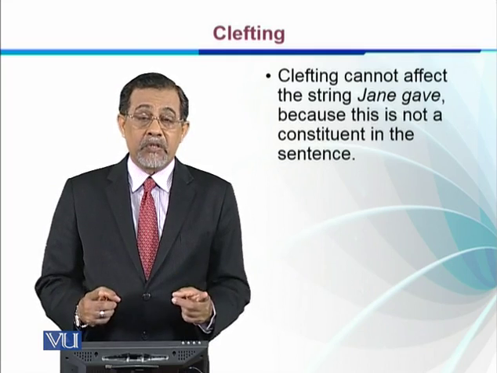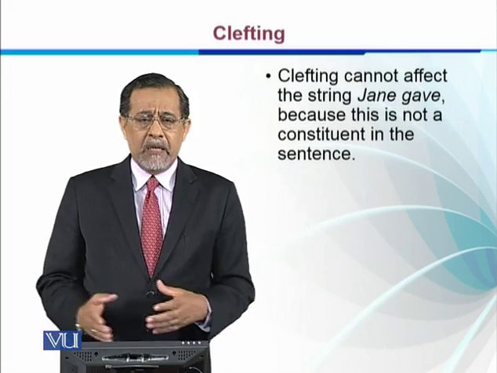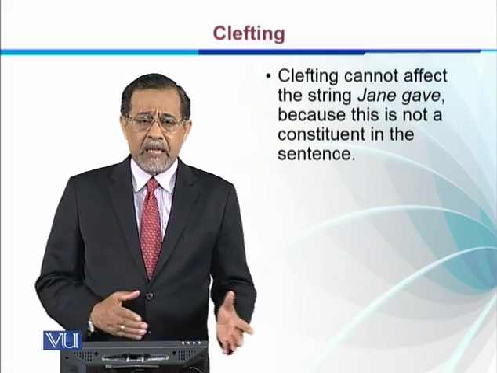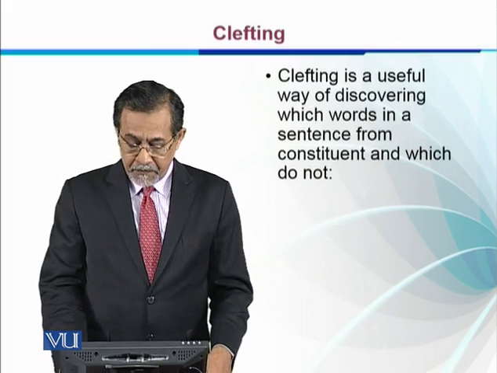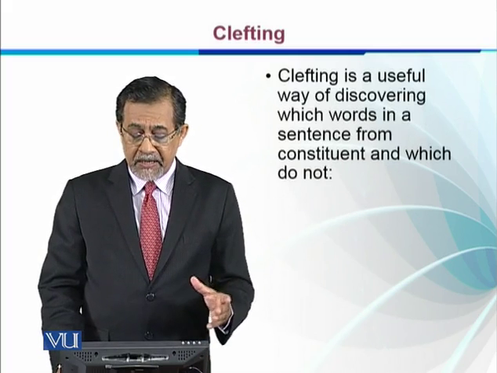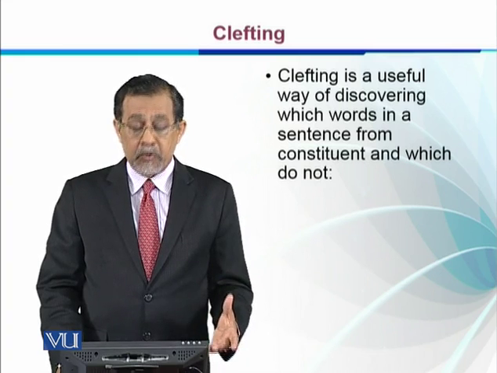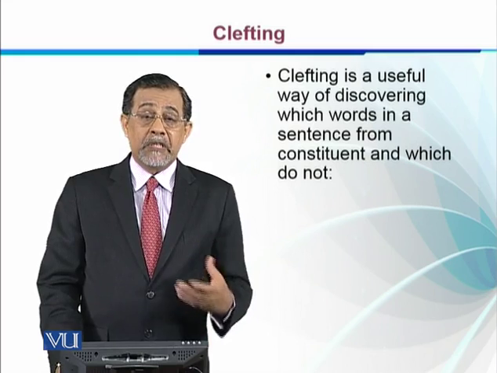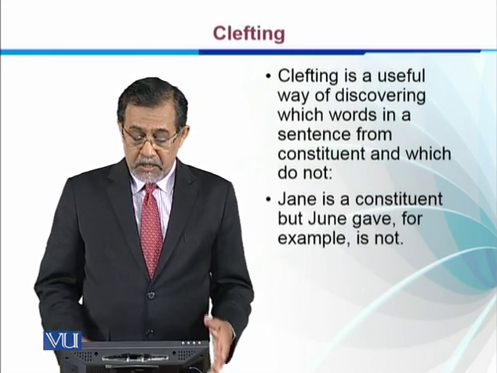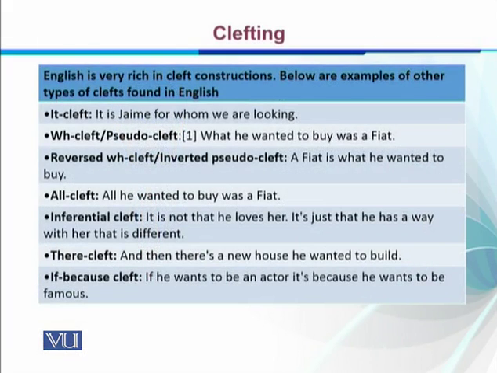Jane is one constituent and gave is another, so we cannot bring them together to make a cleft sentence. Clefting is a useful way of discovering which words in a sentence form a constituent and which do not. Jane is a constituent, but Jane gave is not.